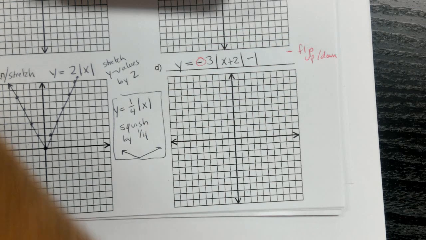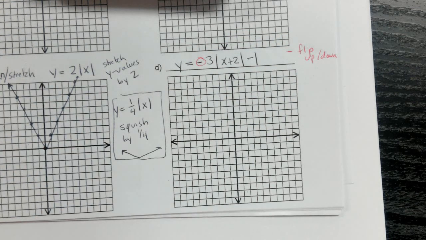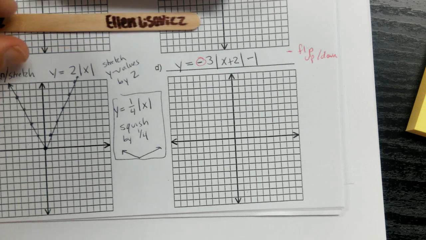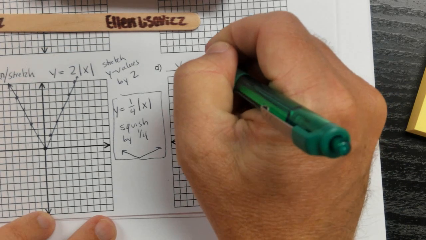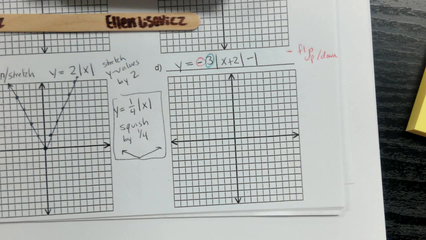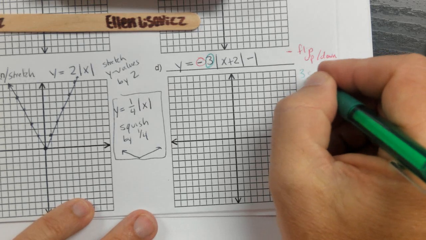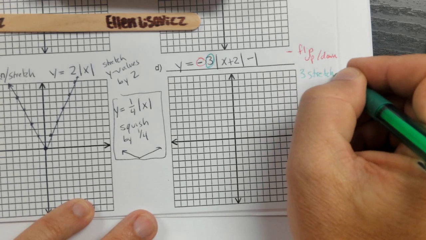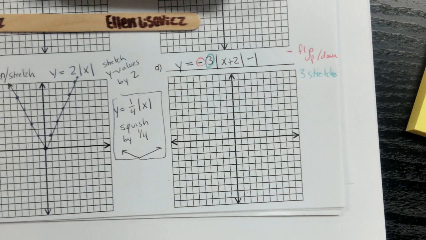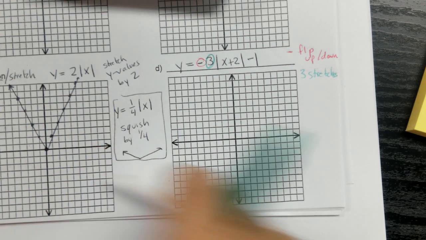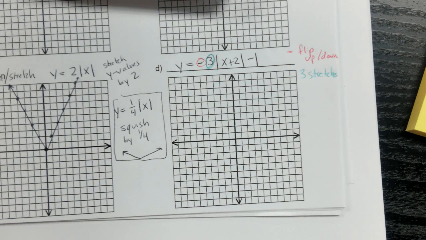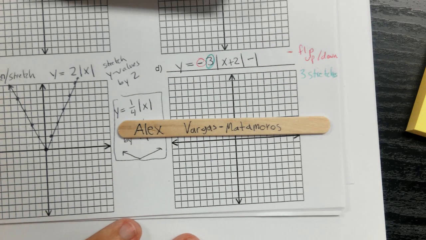Let's see how many colors I can come up with. I'm going to pick on some people here. Ellen, how about the 3? What do you think the 3 does? Good. So that stretches it. That's sort of the new slope, if you will. It's going to stretch it out. Alex, how about that plus 2?